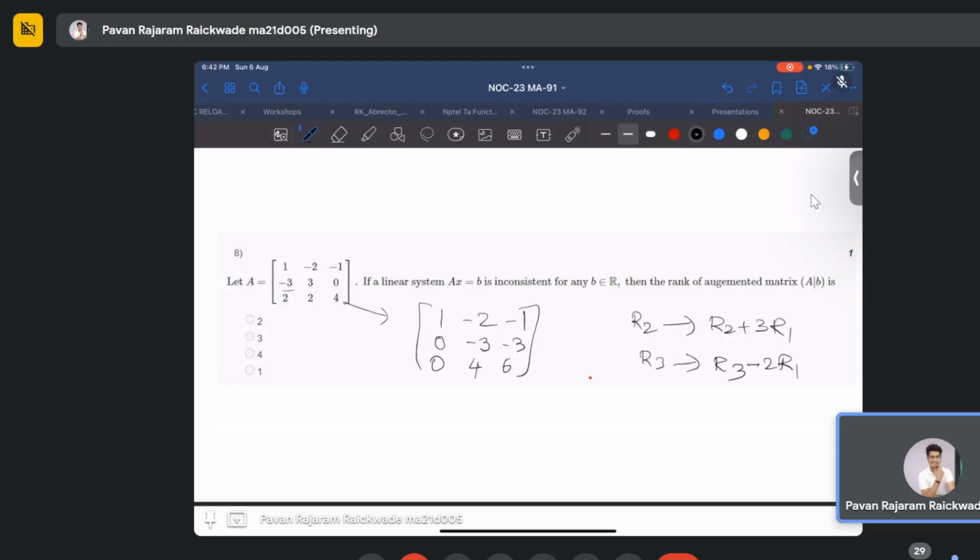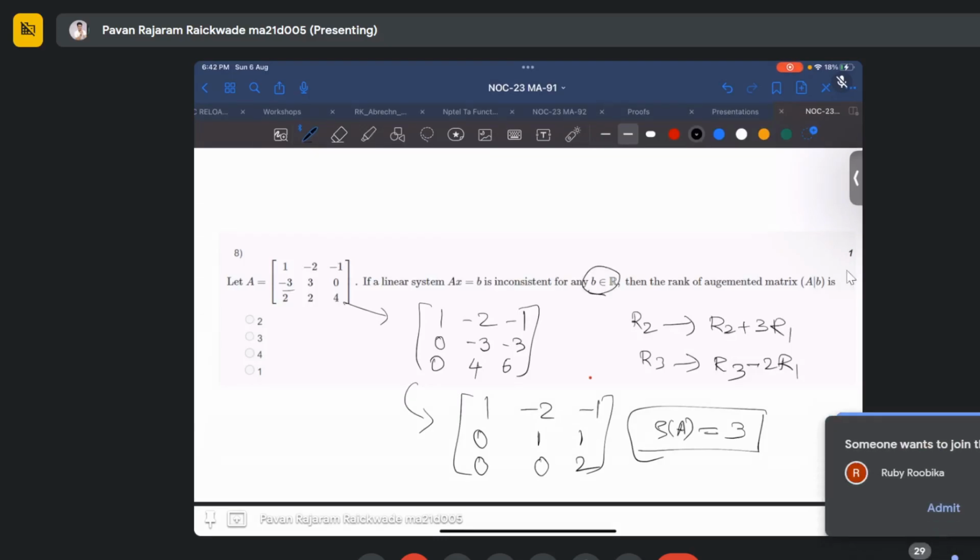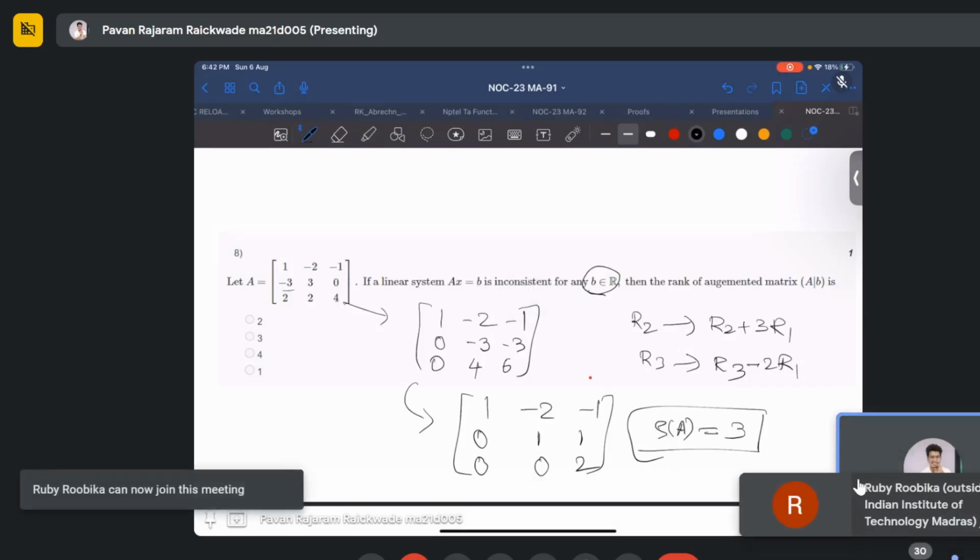There is a problem in this question. Okay, so what will be the rank of this matrix? Divided by minus 3, so okay. So minus 4, 0. The rank of A is 3 here. Because every vector is in the range, that means there cannot exist such a B so that the system is inconsistent. So there is something wrong in this question. I hope I made the right calculations.